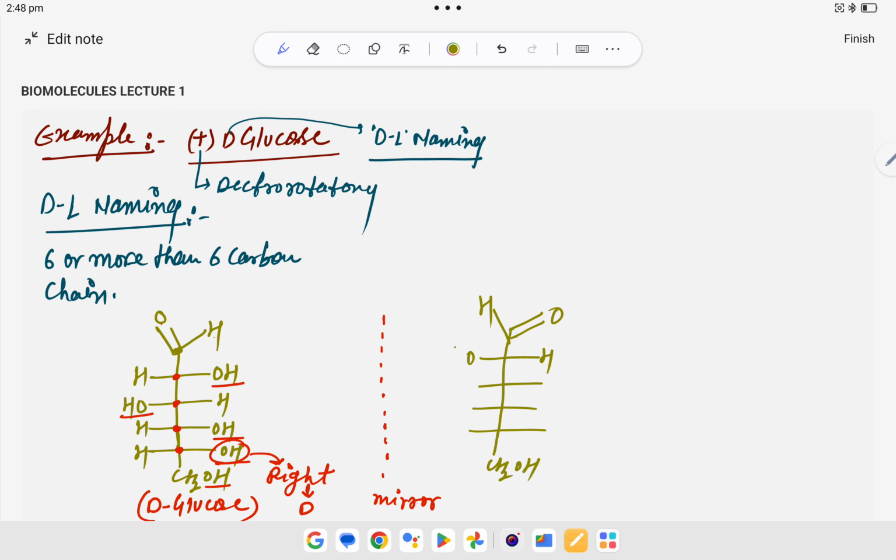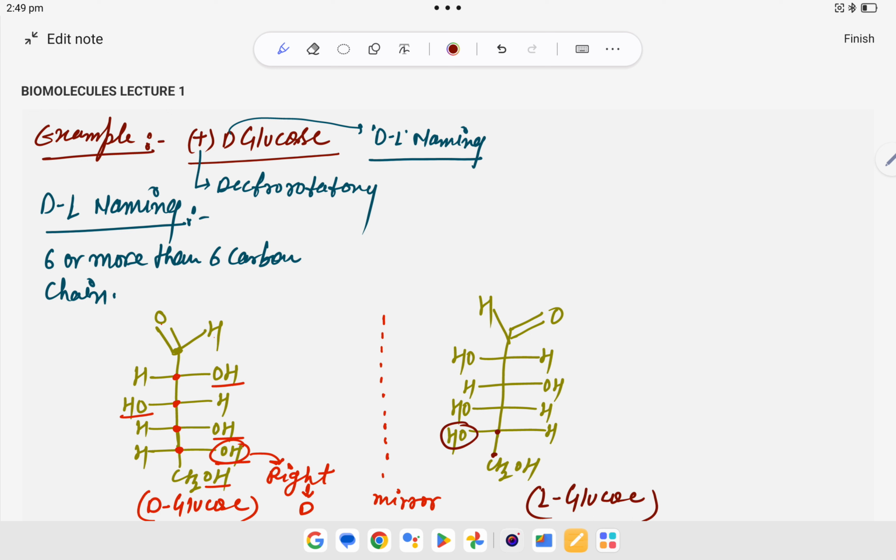H, OH, OH, H, H, OH, H, OH. It is our L-glucose. Here last carbon and here second last carbon.